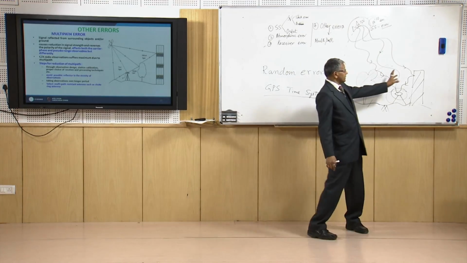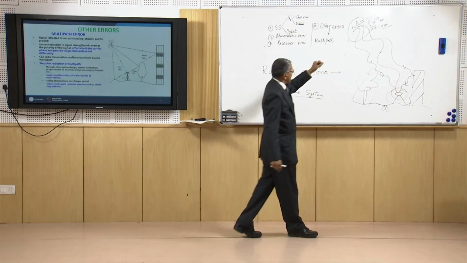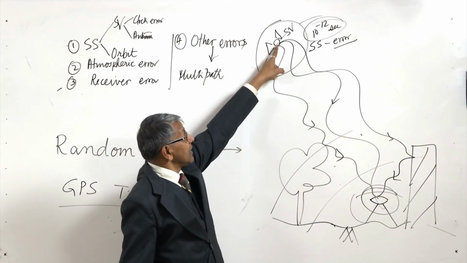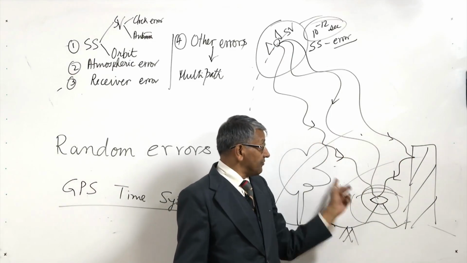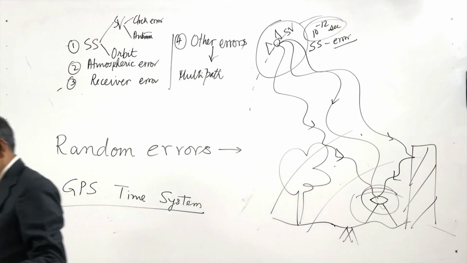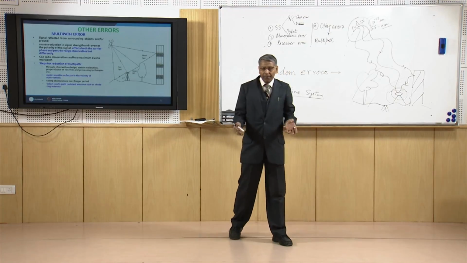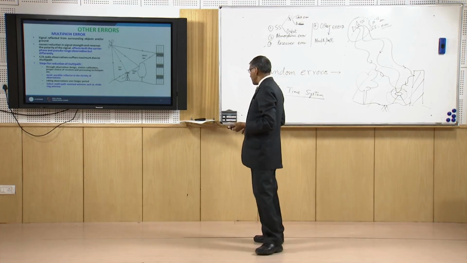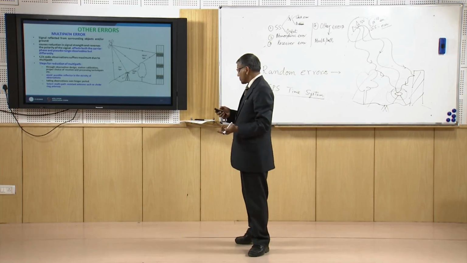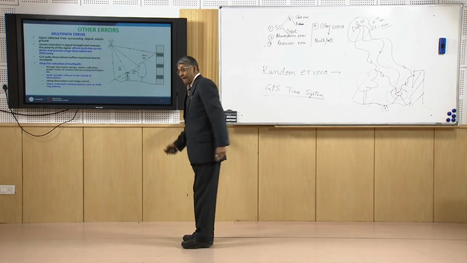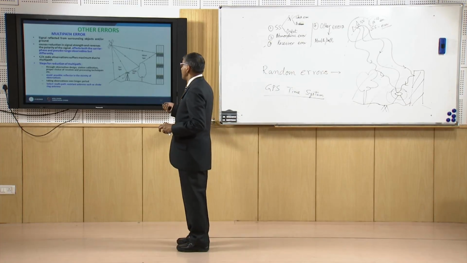Now, due to multipath, the signals come from the same GPS satellite and leave the satellite at the same instant of time, but they reach the receiver at different times because of the different paths they took, as a result of which the signal will be corrupted and undesirable errors will come. This type of error is known as multipath error, and it is more prominent in C/A code observation.